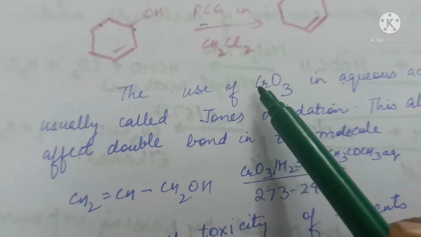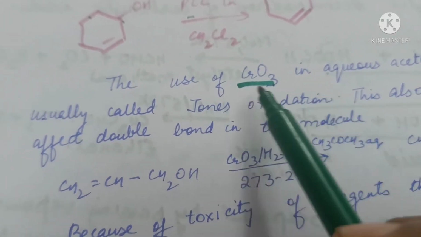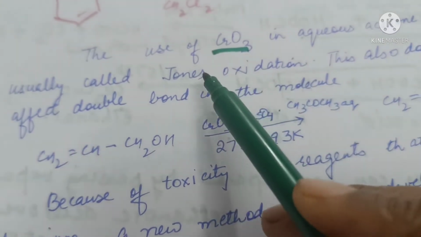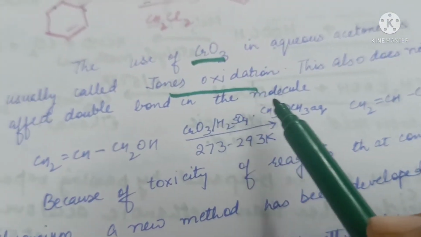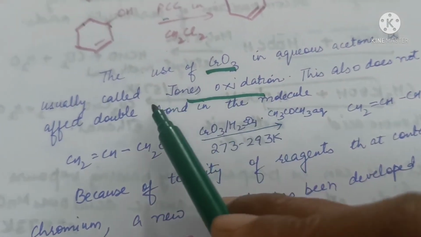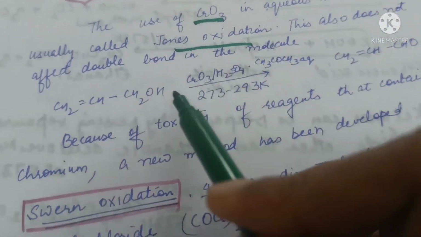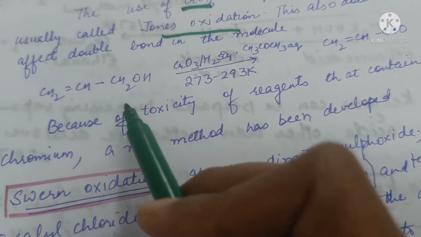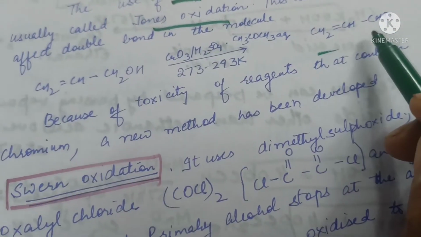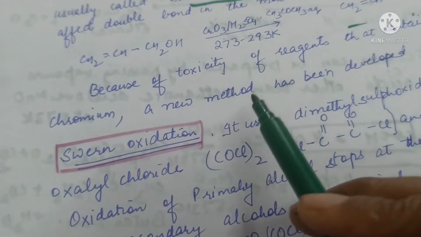We can also use chromium trioxide in aqueous acetone, and this method is called Jones oxidation. Here also the double bond is not oxidized. For example, if we use allyl alcohol, it will get oxidized to allyl aldehyde.